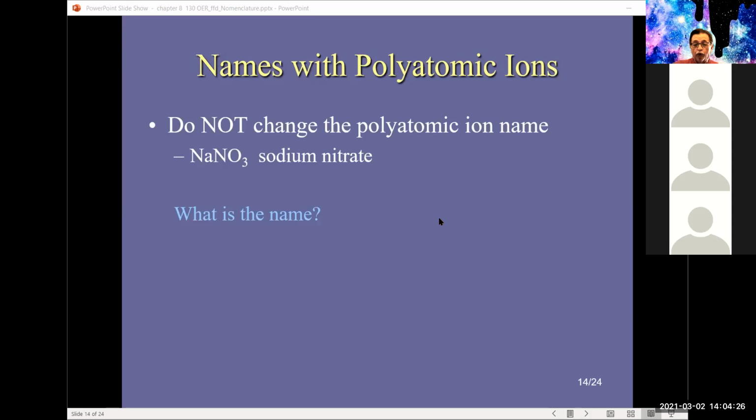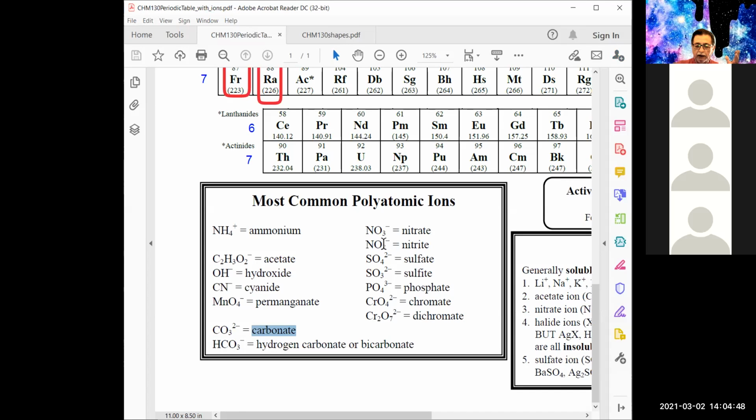Okay. For the polyatomic ions, as we talked about, we don't change the name. A good rule of thumb, if you want to think about it, because people have a hard time recognizing sometimes that you're dealing with a polyatomic ion. Now, if you look at something like NO3 nitrate, if you see nitrogen and then immediately following nitrogen in the formula you see oxygens, then we're not dealing with nitride.